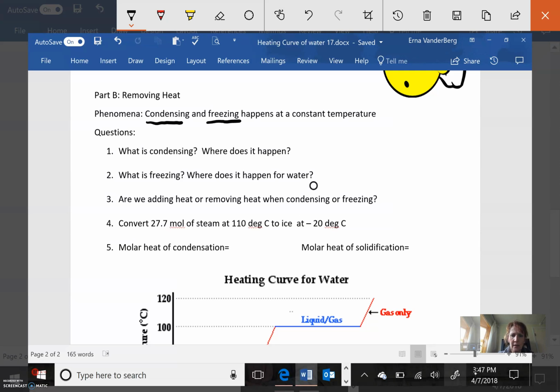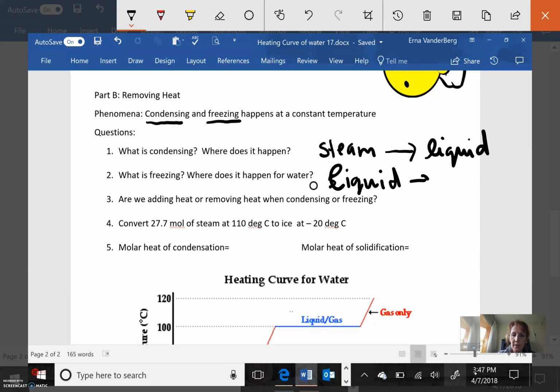It's when we take steam, if we're talking about water, and it becomes liquid again, okay? And freezing is when liquid becomes solid, okay? This requires the removal of energy or heat, okay? We're removing heat.